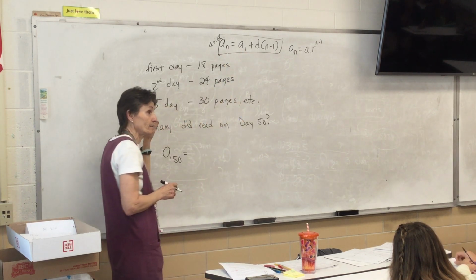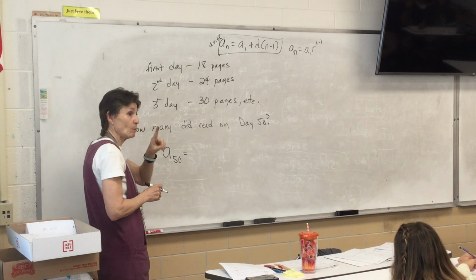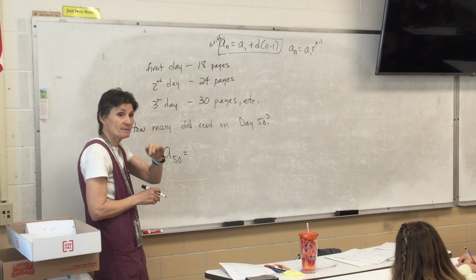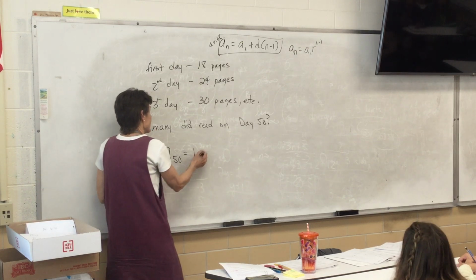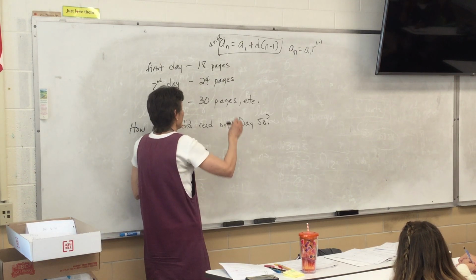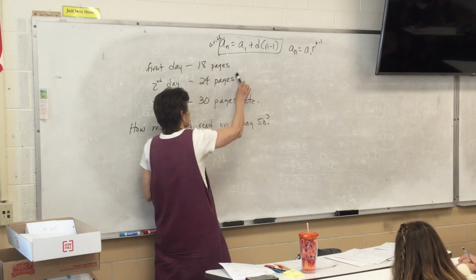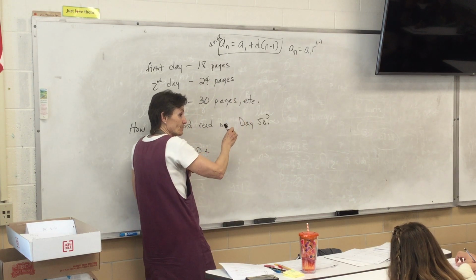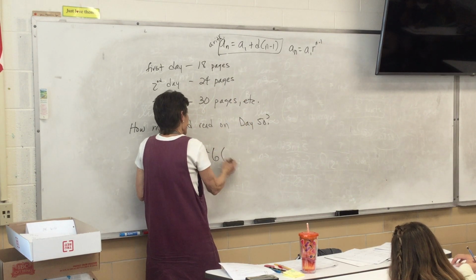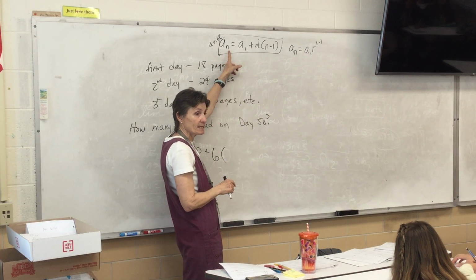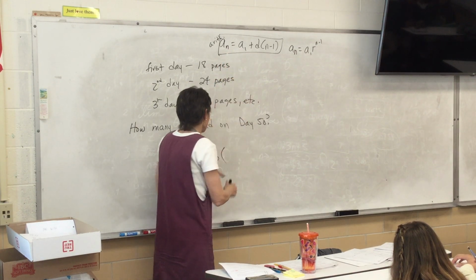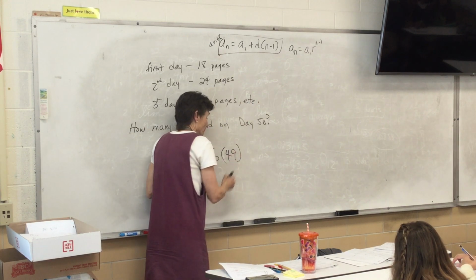What's A sub 1? 18, day 1. The sub tells you what day it is. A sub 1 is first day. So 18. You told me what the difference was. How did you say we were getting from term to term? Adding 6. And then, since I'm doing A sub 50, 49 goes in the parentheses.